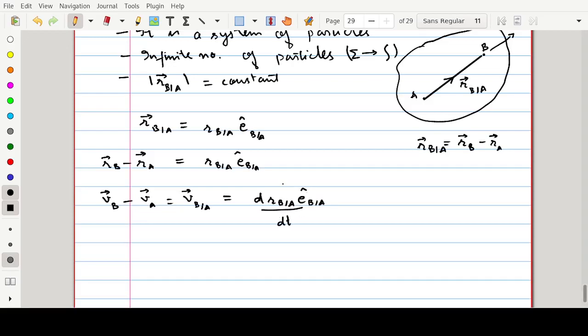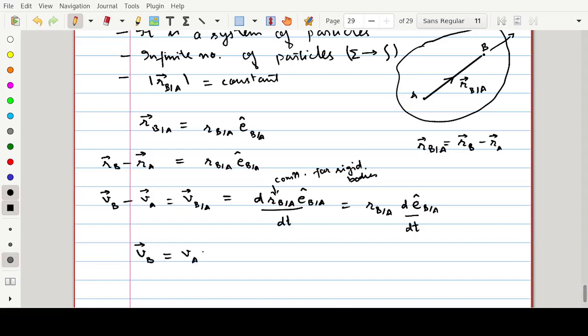Now for a rigid body, this is constant, so we take that out and write dEBA over dt. Now you know the derivative of a unit vector, how to calculate that. So I will simply use that formula which I have used several times in the class.